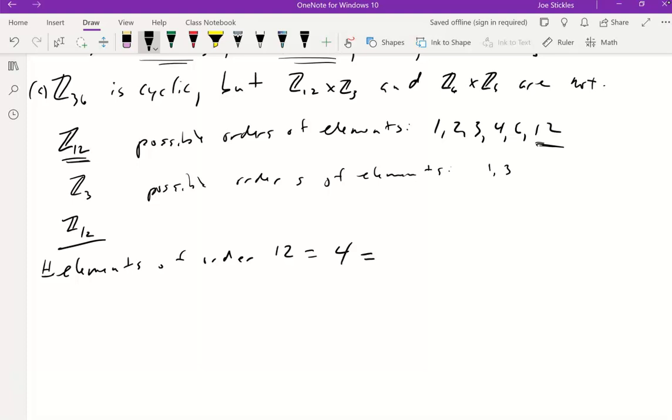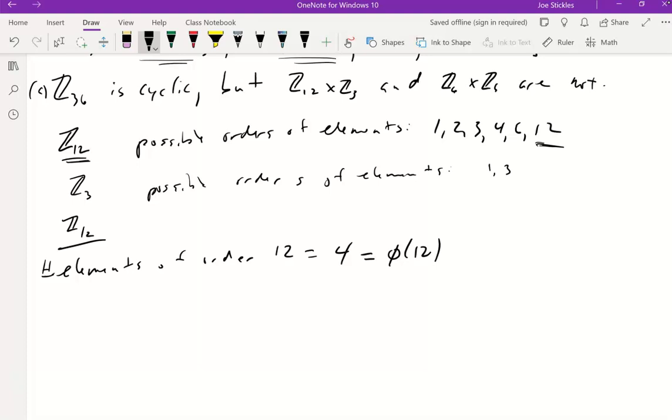And again, what function tells you that? There's a special function that we've talked about this semester. Yeah, it's the Euler phi function. Good, so it's phi of 12. And in particular, in a cyclic group, for every divisor of the order of the group, there's phi of that number elements of that order, whatever it happens to be.